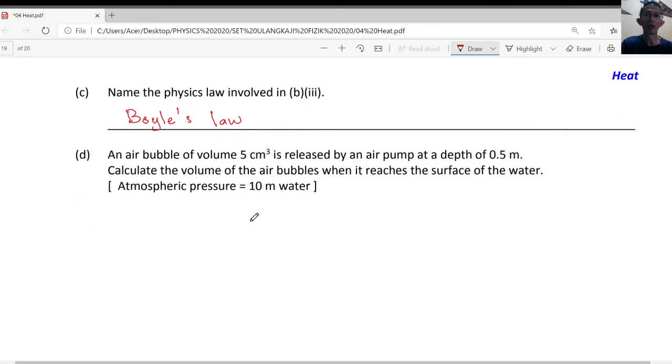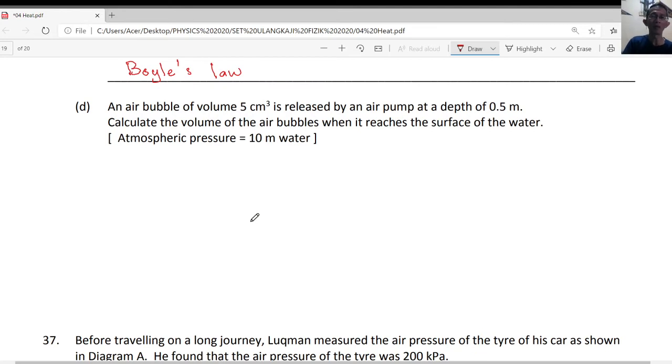Alright, let's go to the next one. An air bubble of volume 5 cubic centimeter is released by an air pump at a depth of 0.5 meter. Calculate the volume of the air bubble when it reaches the surface of the water. No problem. I have here the water surface, and the air bubble here.